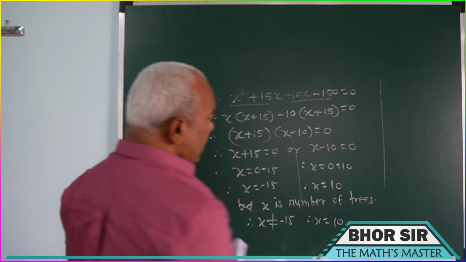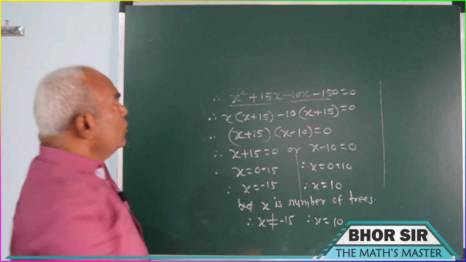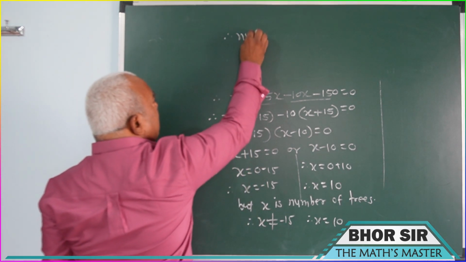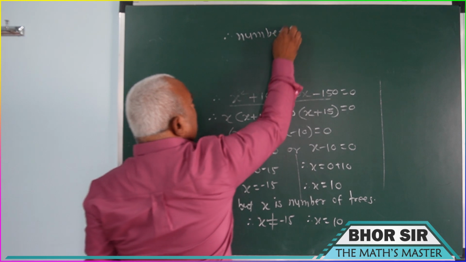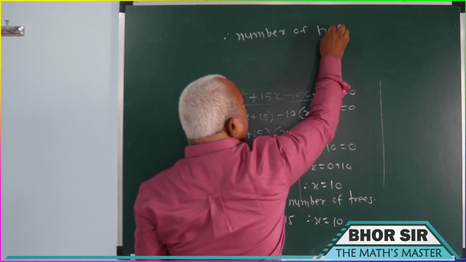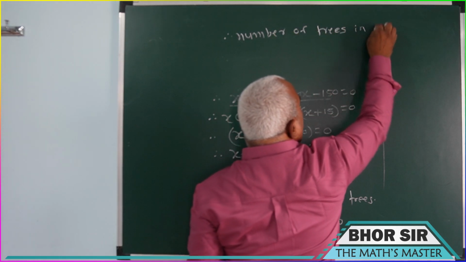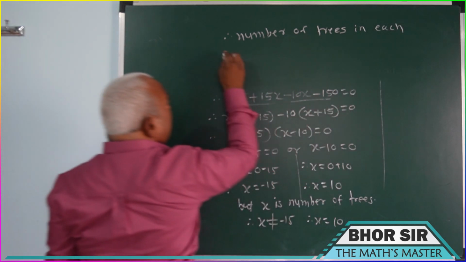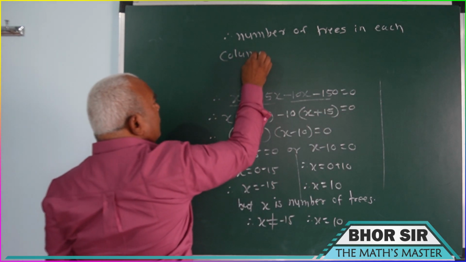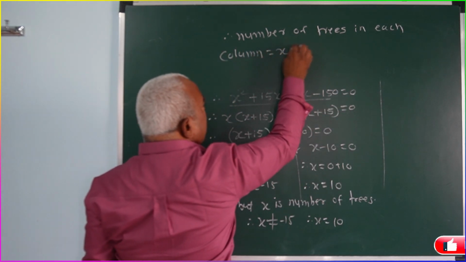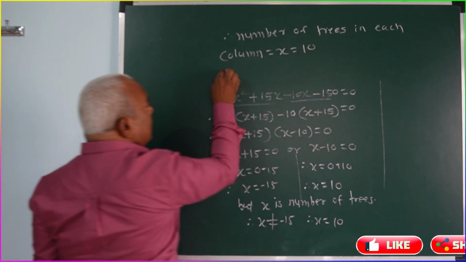What is x now? x means the number of trees in each column. Therefore, the number of trees in each column is x, which is 10.